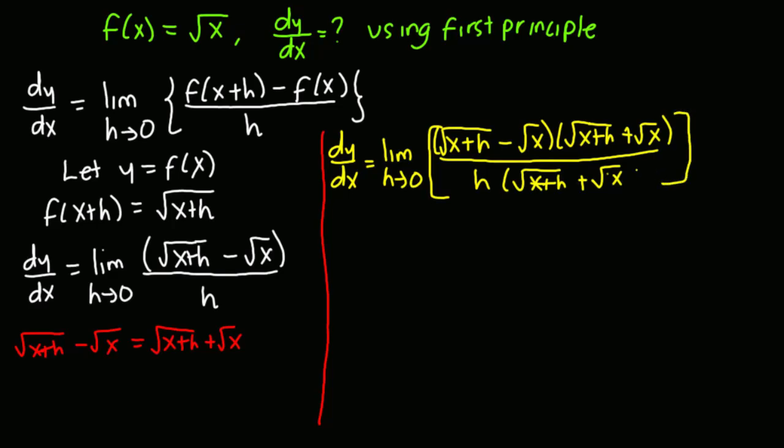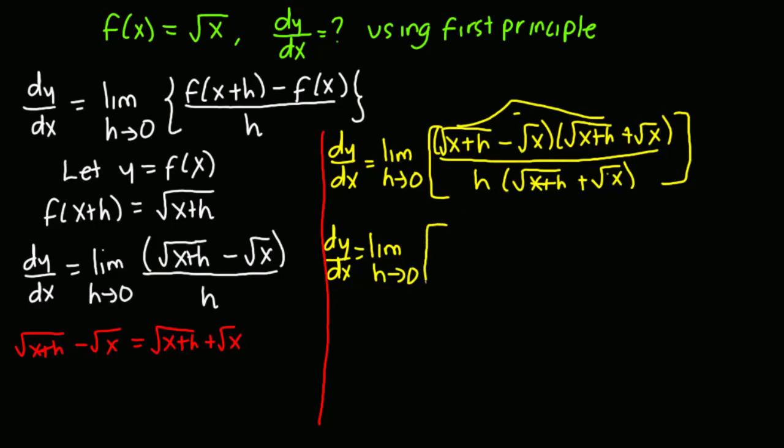And so dy/dx becomes limit as h approaches 0. Now you should know that at the numerator, difference of two squares is represented here, because you have root of x plus h minus root of x, then root of x plus h plus root of x.